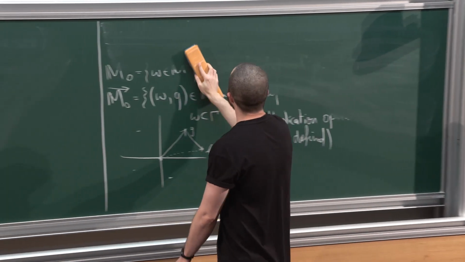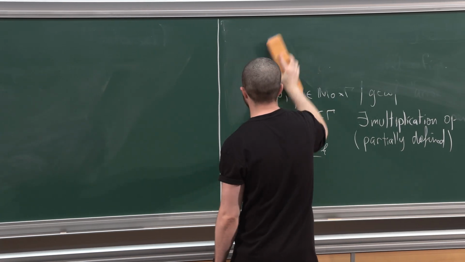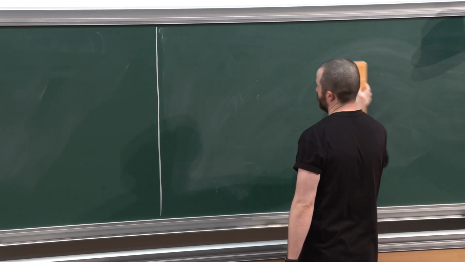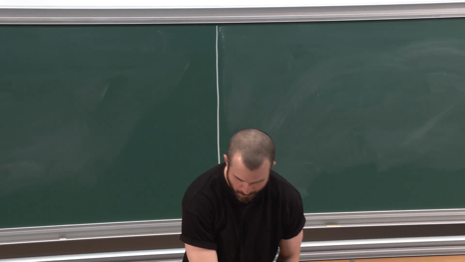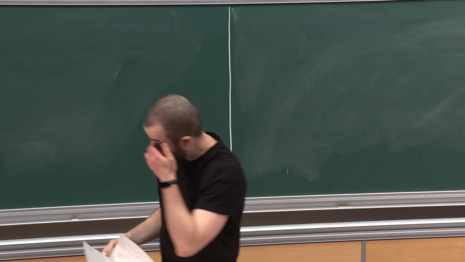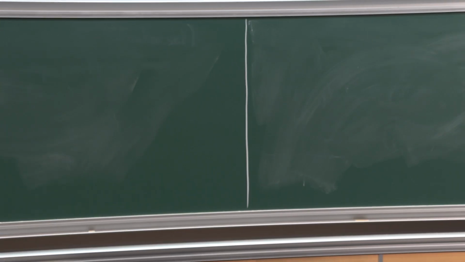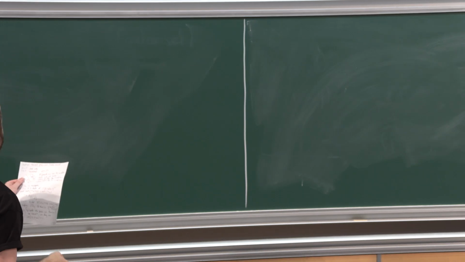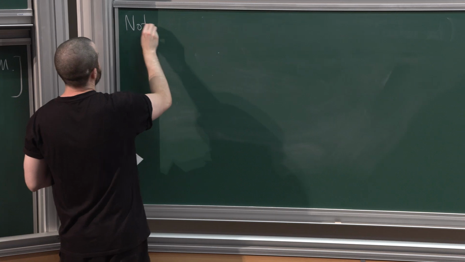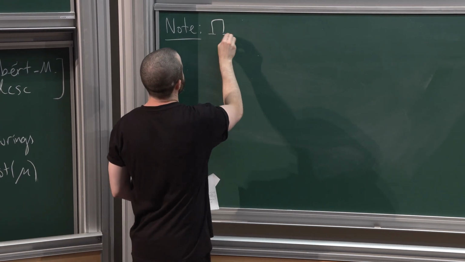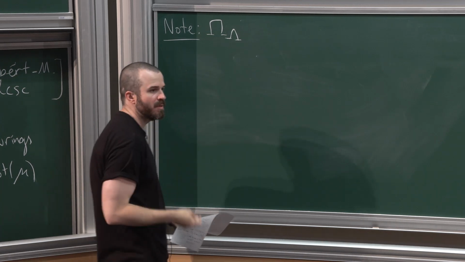Okay, and I want to make some comments about this process. So the first one is somewhat disturbing. I'll denote this process by pi sub lambda. So it's an invariant random coloring.